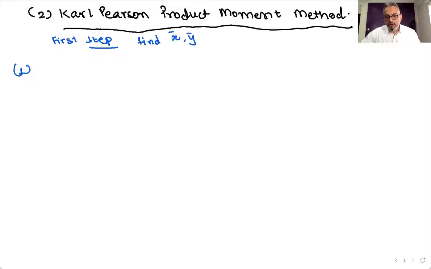It means what? You are given two set of variables x and y. तो find करना है x bar और y bar. Now, how would you find x bar and y bar? Write the formula. X bar is equal to sigma xi upon n and y bar is equal to sigma yi upon n.